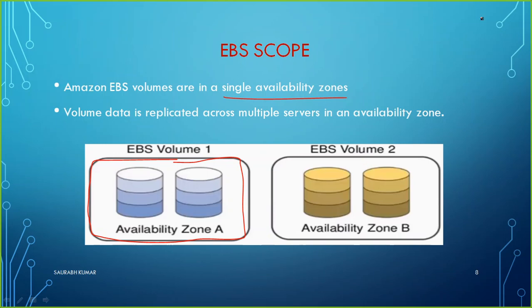Let's say you have 4 EBS volumes, you can have one in one availability zone, another in another availability zone, and so on. But one volume always occupies space from one availability zone only.